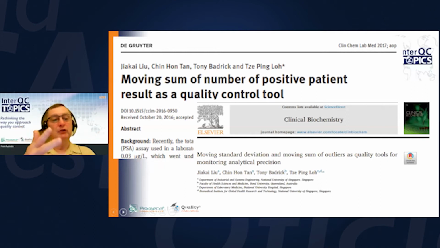This paper, the top paper, was written about PSA. And I'll tell you the story because, again, it shows how useful the concept is. This is a true situation. There was a PSA assay being used in one hospital to detect, after prostatectomy, recurrence of prostate cancer or failure to remove the entire tumour.